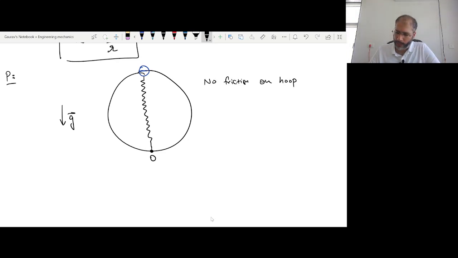And you can also assume that the equilibrium length of the spring is 0. So whatever the distance of the bead from the center O is, that is considered to be the elongation in the spring.